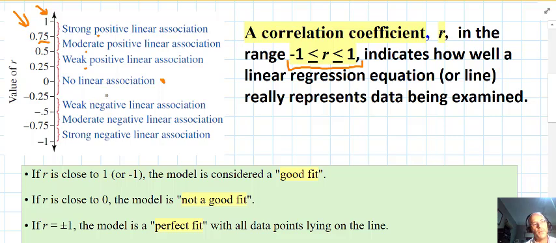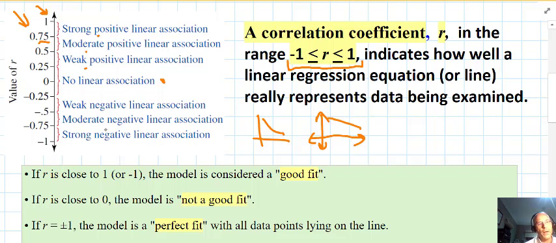Now we can have negative association, so as the independent variable goes up, the dependent variable goes down. Roughly speaking, that is a negative association. If we're looking at linear, it might be something like that. These are the little axes, little arrowheads.